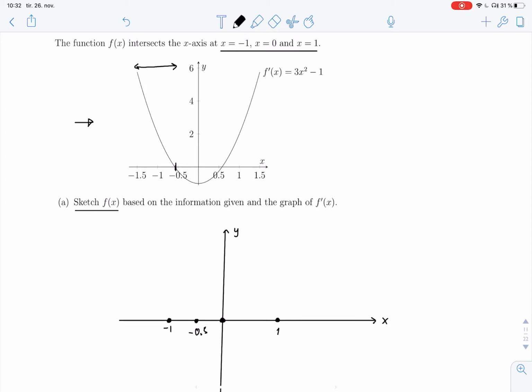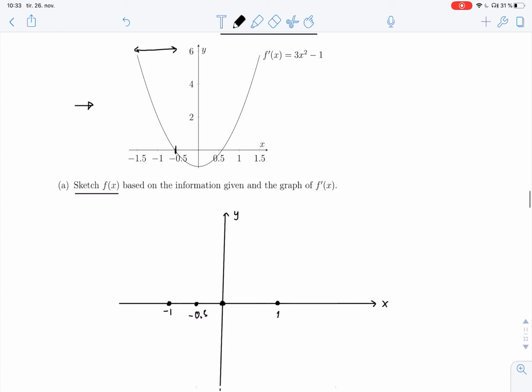the derivative is positive, so we need to go up. So it needs to go up something like this, from minus 0.5 to plus 0.5.